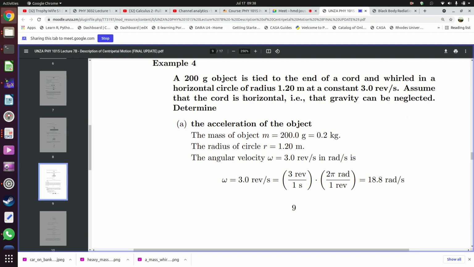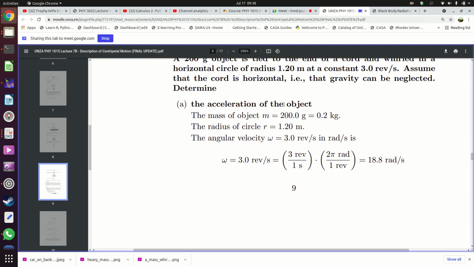We also have the mass, which is 200 grams, but we don't do calculations in grams. So we change our mass into kgs, so it becomes 0.2 kgs. Our radius is 1.2 meters, and our angular velocity is 3 revolutions per second, which we have to change into radians per second.